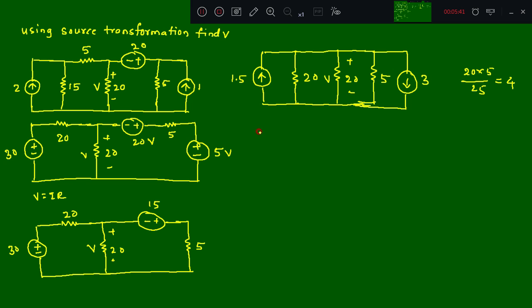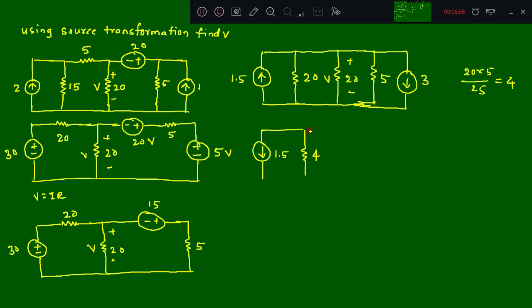So I'll rewrite that. This results in a 1.5 current source with a downward direction. Then the equivalent resistance will be 4 ohm.